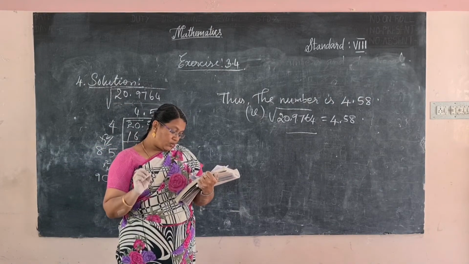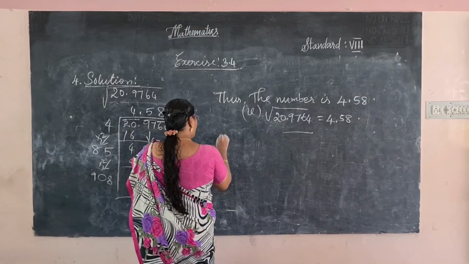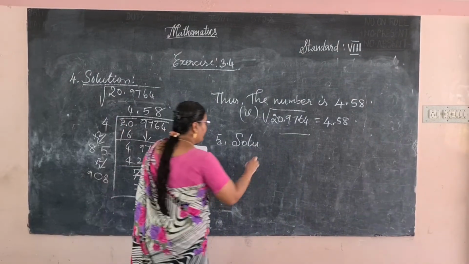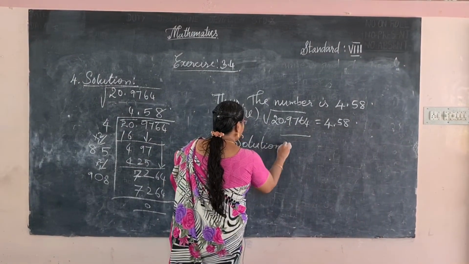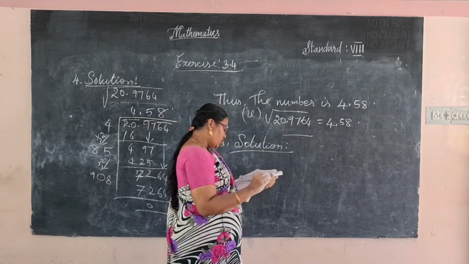Next, the fifth one: the area of the square plot is 2761/1024. Fifth problem. The area of the square plot.